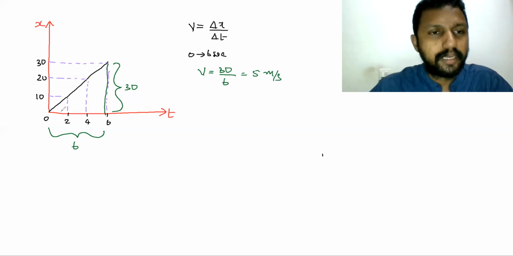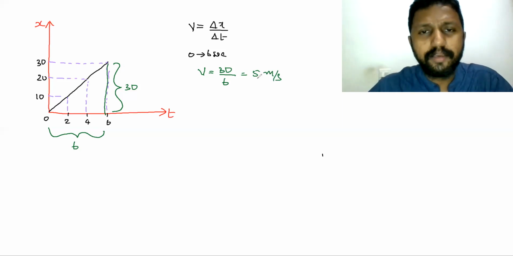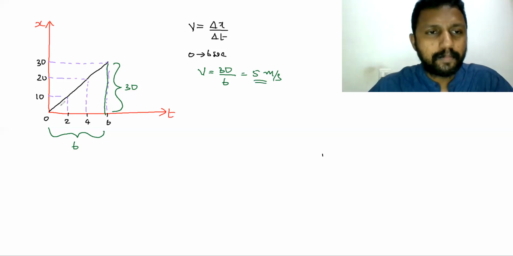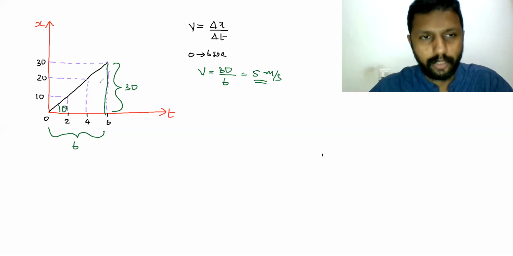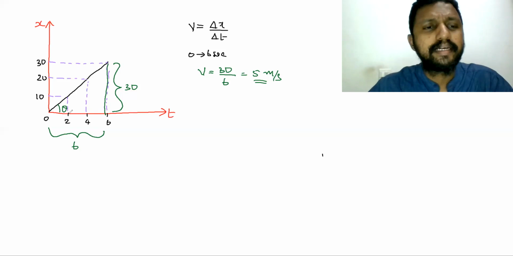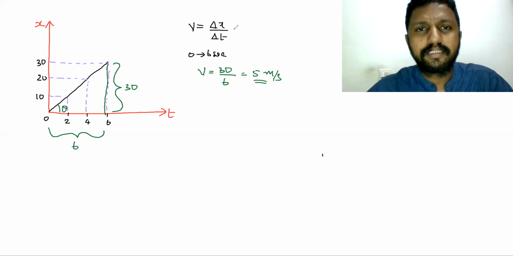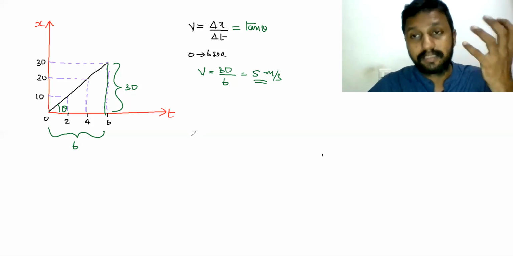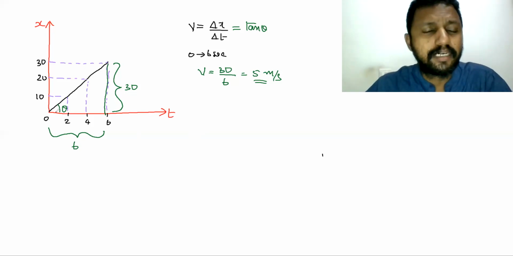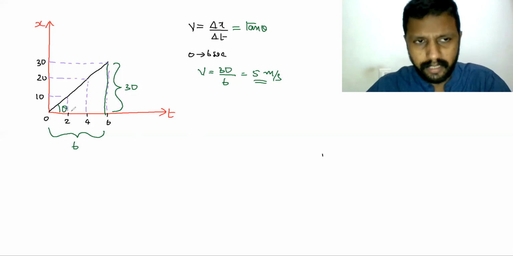What I am going to communicate here is that this 5 meter per second is the tan theta value, if you consider the angle theta over here. We could say velocity is delta x by delta t, that is tan theta. From our previous maths classes, tan theta is the slope of this line.